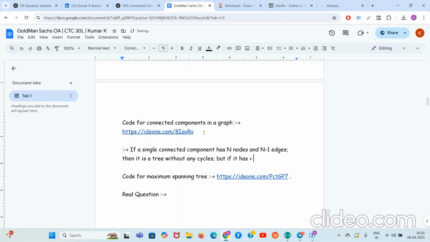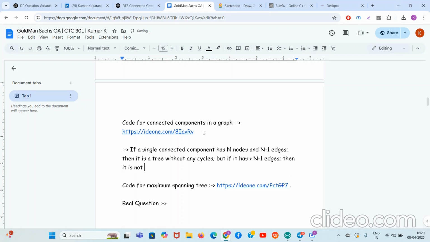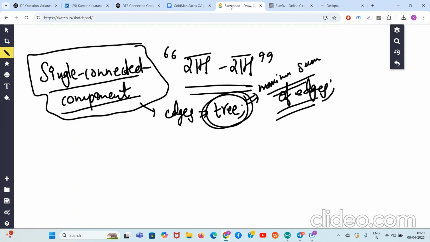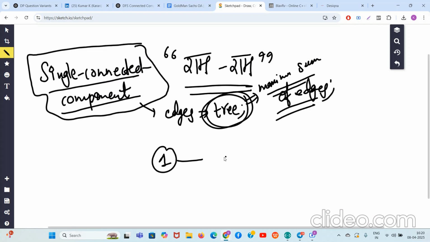But if it has strictly greater than n minus 1 edges, then it is not a tree. It has cycles. So guys, now for the maximum spanning tree, let's say I make this graph for you.